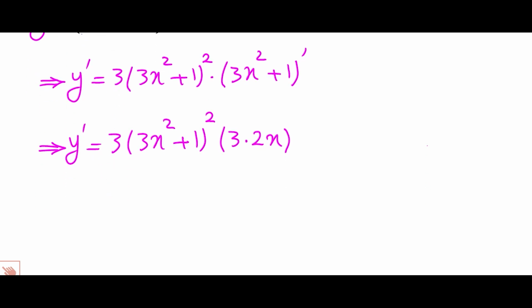So here 6x times 3, y prime is equal to 3 times 6x, which is 18x times 3x squared plus 1 whole squared.